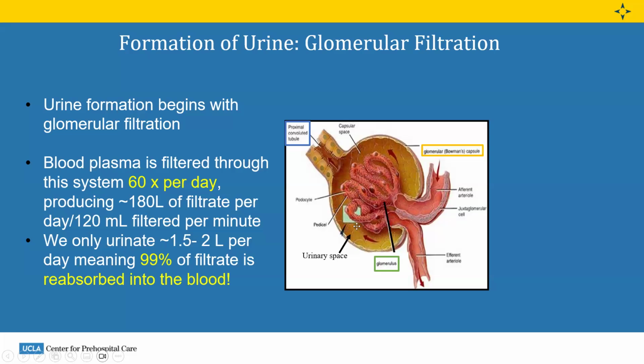And we end up reabsorbing about 99% of that filtrate back into our blood. So despite us filtering 180 liters of filtrate per day, or 120 milliliters of filtrate per minute, we only end up urinating about 1.5 to 2 liters per day.